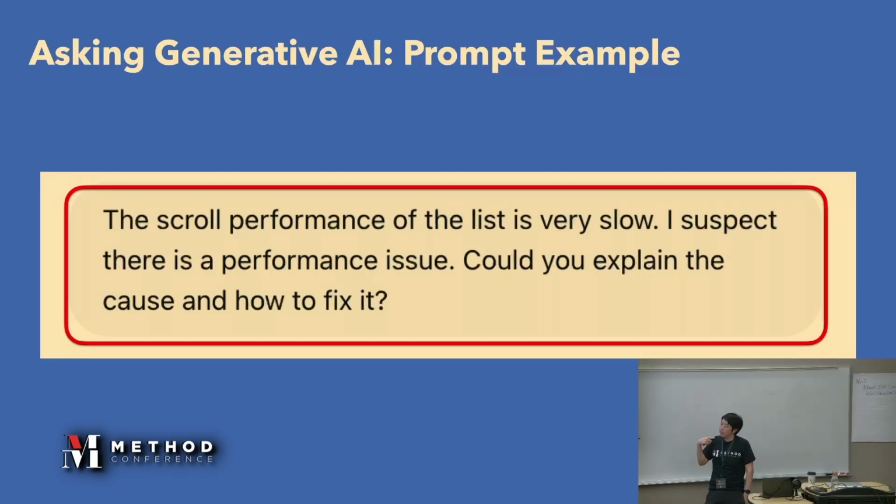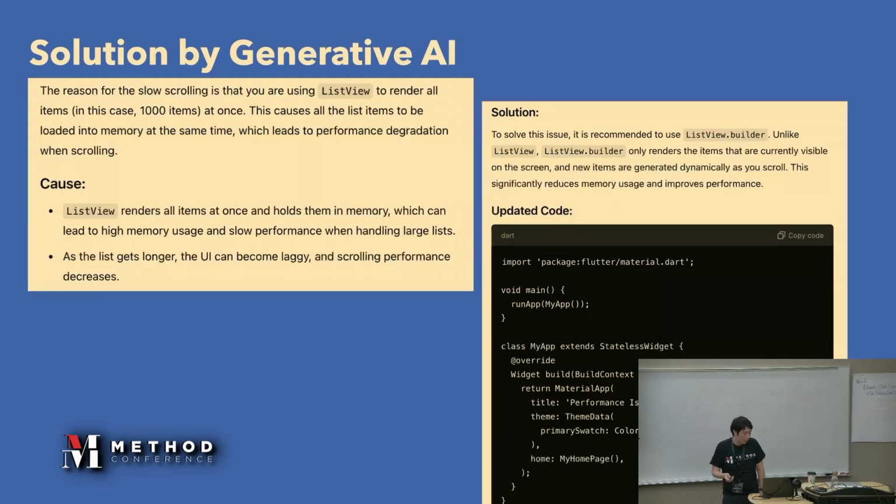After throwing this prompt to the generative AI, it would answer that the reason for slow scrolling is that you are using ListView to render all items, and so on. In short, we should refactor this code: instead of ListView, we should use ListView.builder.